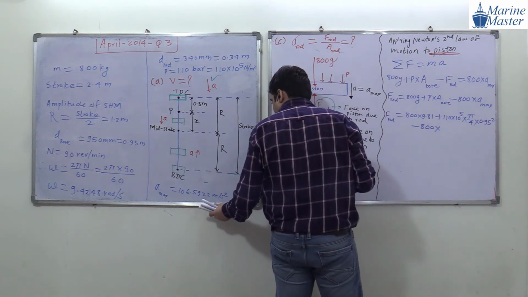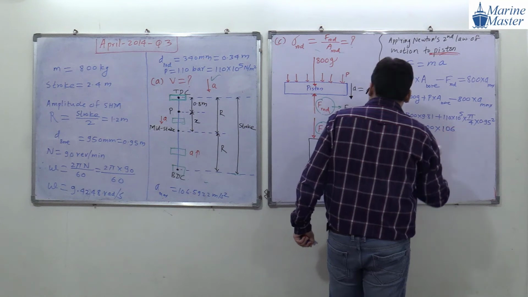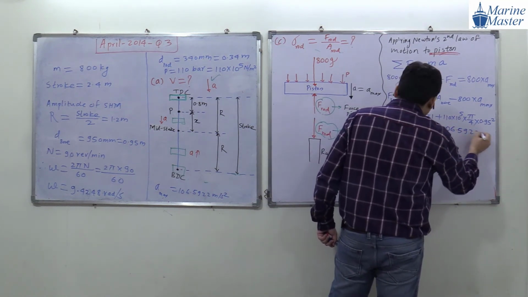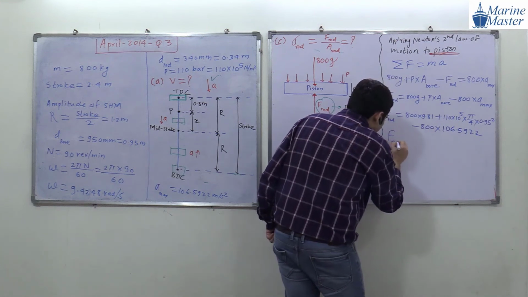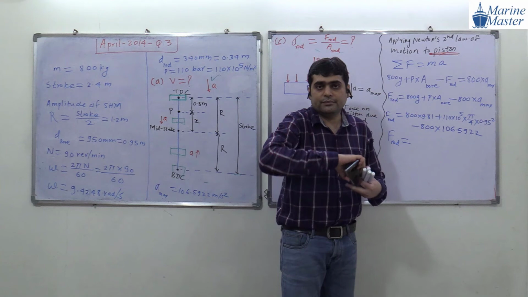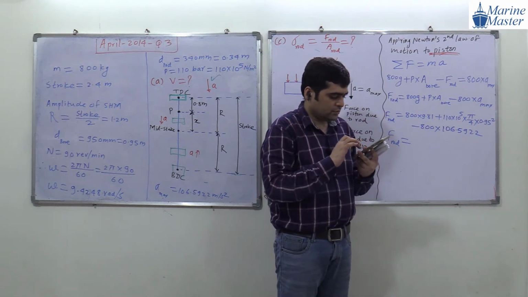Minus 800 into Amax. Amax we calculated in part B. I have written it for my reference: 106.5922. Anyone have any doubt in this discussion? Check it, everyone. Please everyone do the calculation.